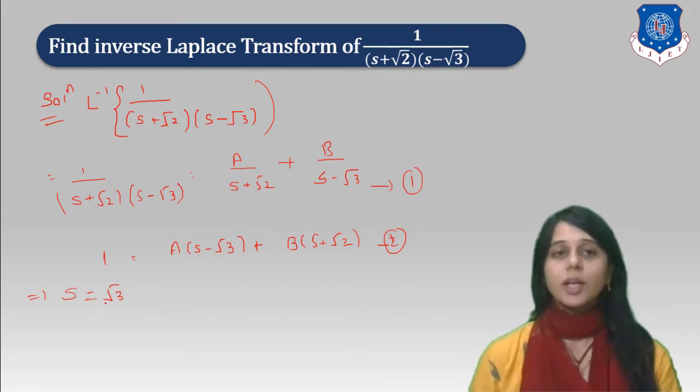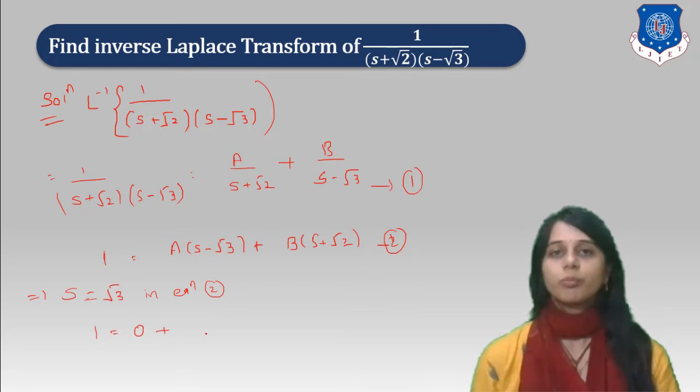Taking s equal to root 3 in equation 2, we get 1 equals 0 plus B(root 3 plus root 2). So the value of B is 1 upon (root 3 plus root 2).